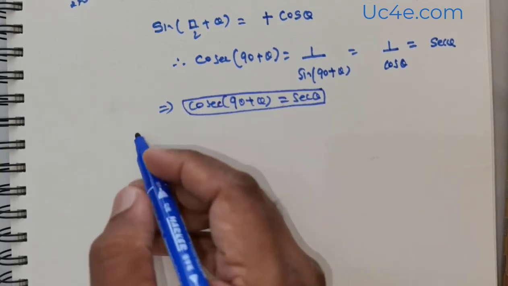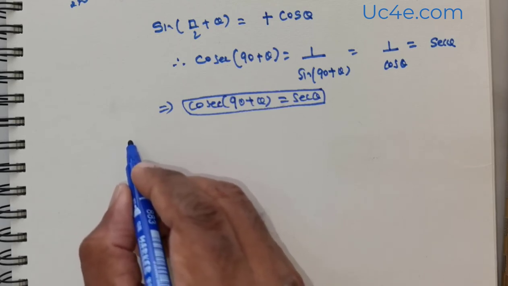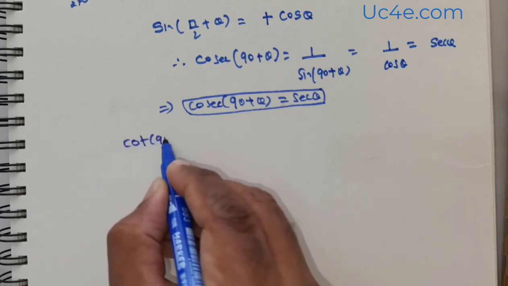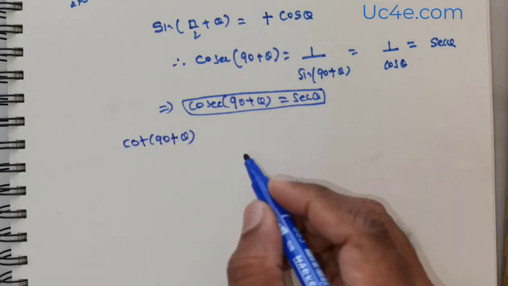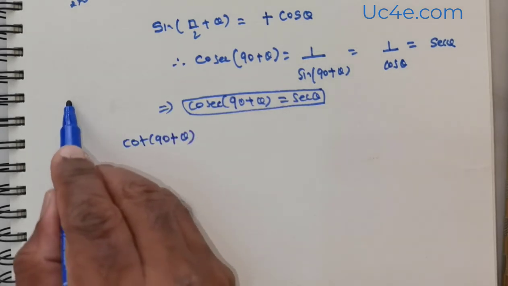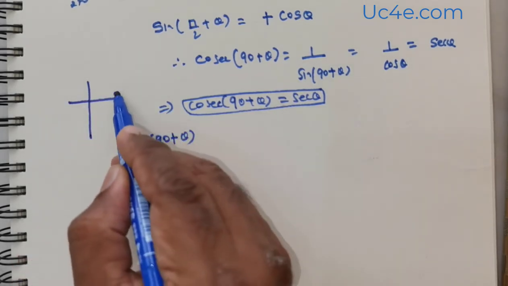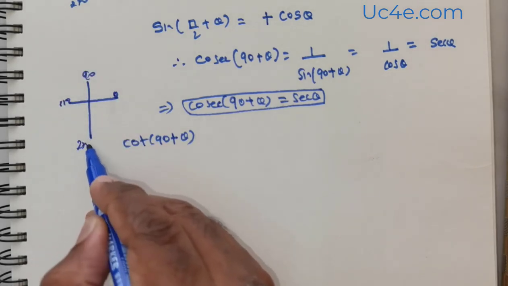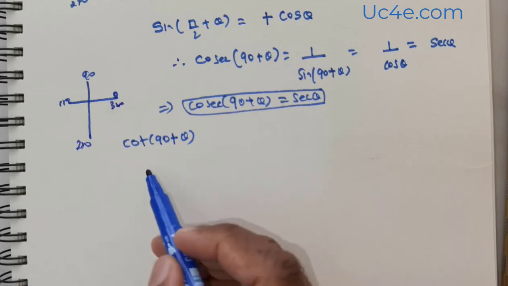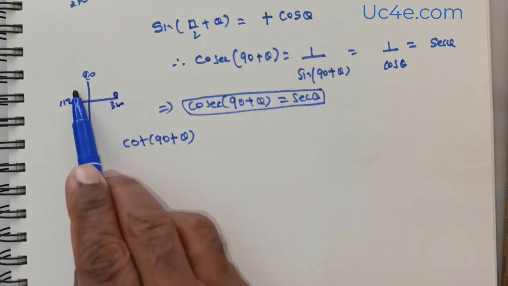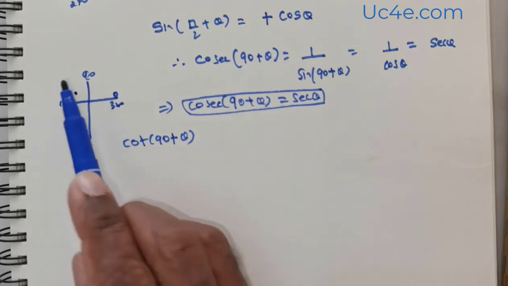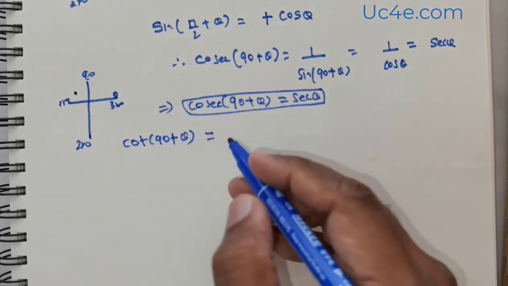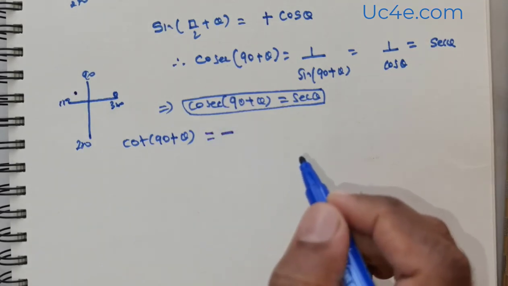So this is the outcome for cosecant 90 positive theta. Now we also have cot of 90 positive theta. Let us go to the CAST diagram. So this is 0, this is 90, 180, 270 and 360. Now 90 positive, over here only sine is positive, so cot is definitely going to give us a negative outcome.